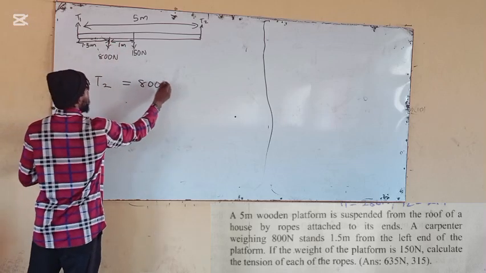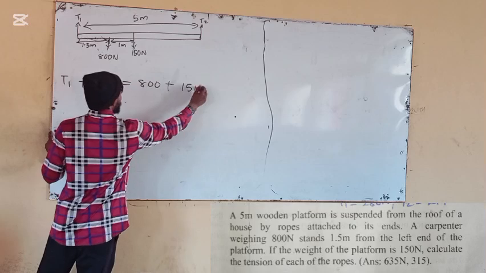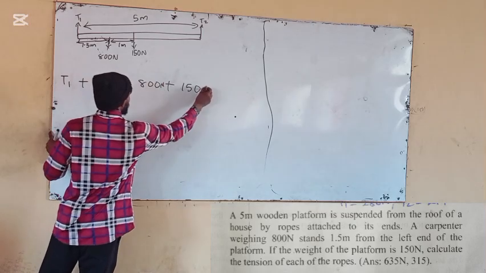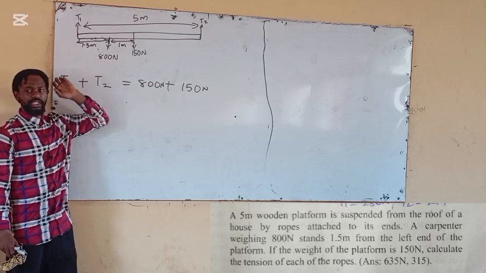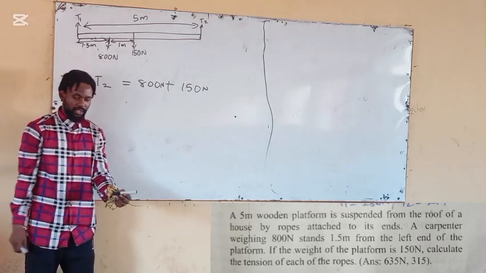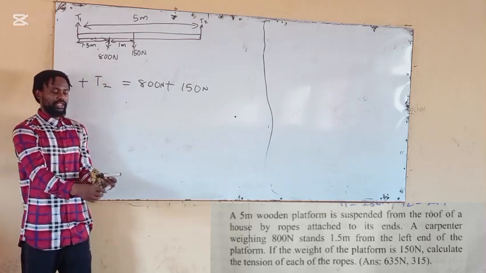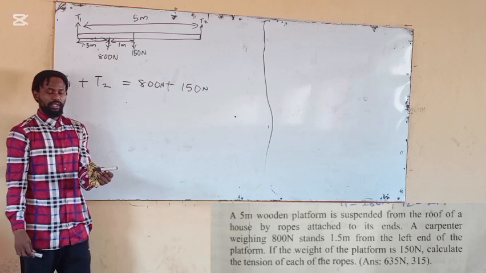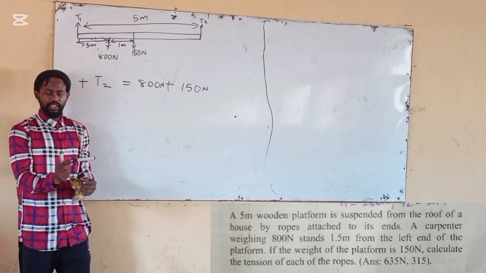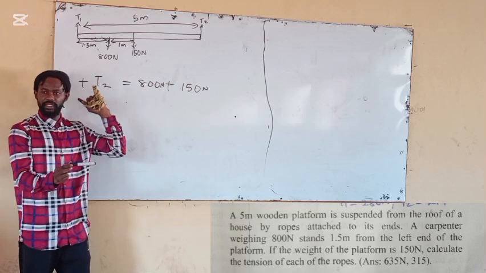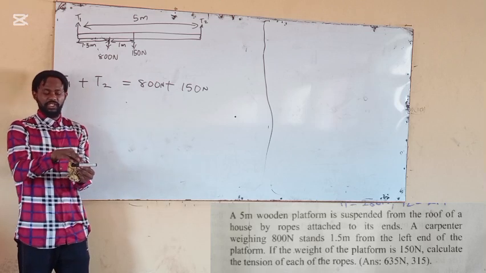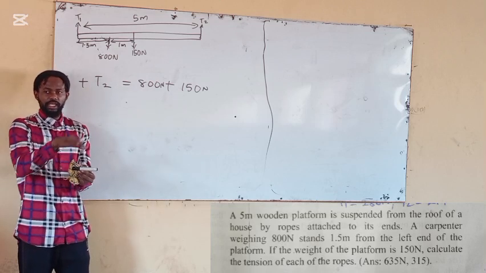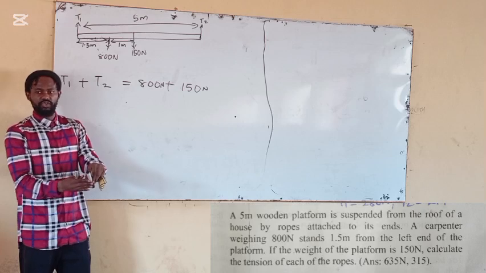800 plus 150. Please, do you remember that the platform has its own weight acting downwards? That's the 150 N they are talking about here. But if I keep something on top of it and it exerts weight on it, if there is no balance, definitely it will cause it to change.